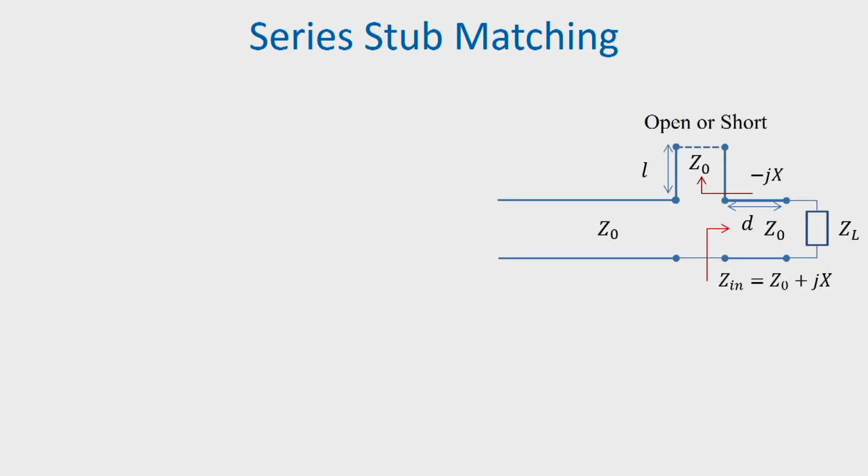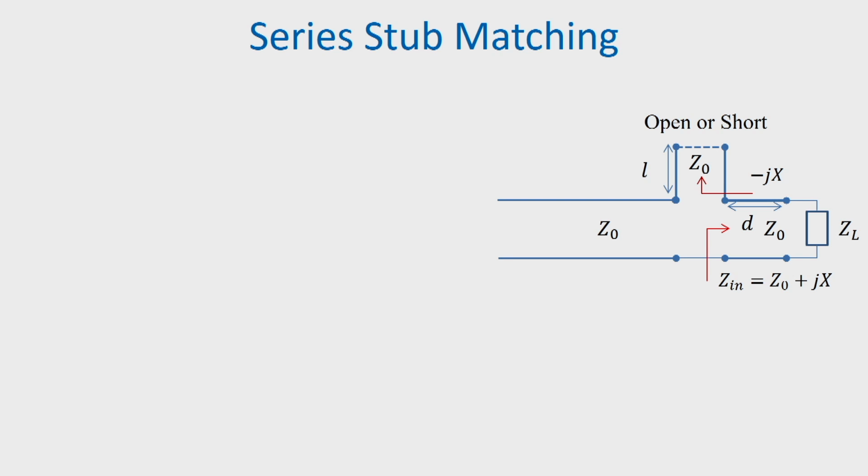So, various design options are available. Now, let us consider an analytical solution to this series stub matching problem. That means, what do we want to do?